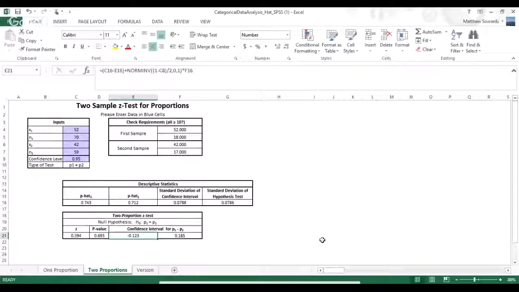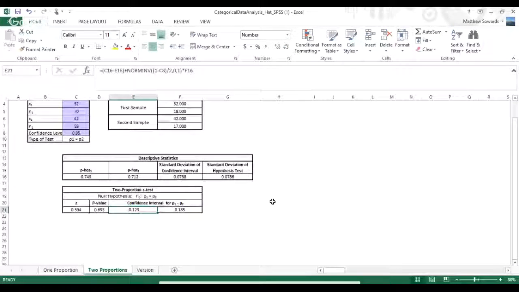Okay, so the lower bound for number 8 was negative 0.123. Upper bound was 0.185. And then with that, do we fail to reject it? With that, the p-value we end up with is 0.693.